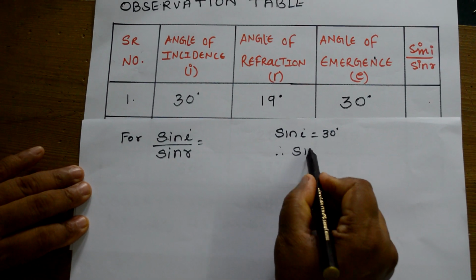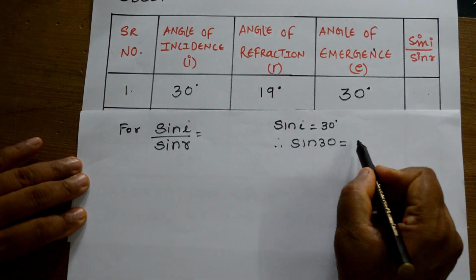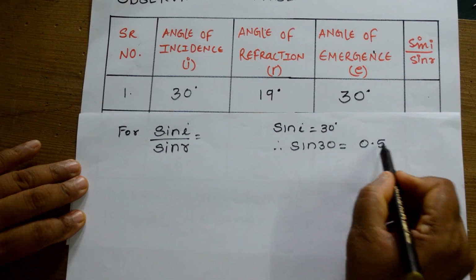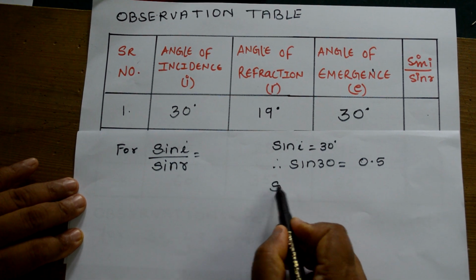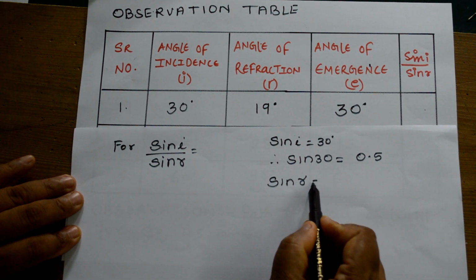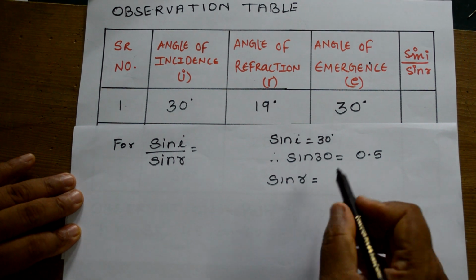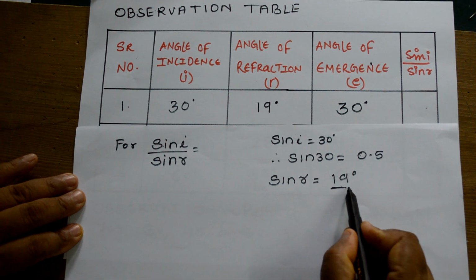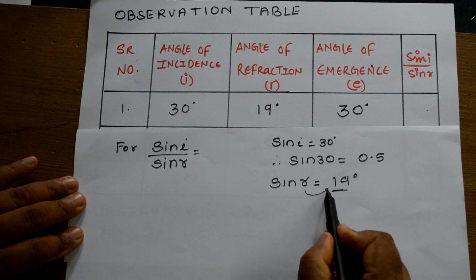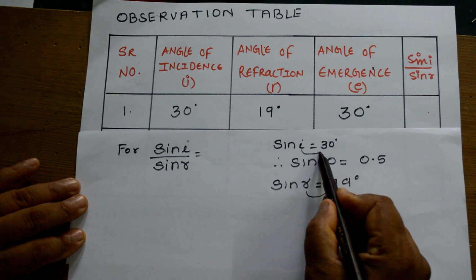Therefore, sin 30 is equal to 0.5. And the R angle is 19 degrees, and here the I value is 30 degrees.